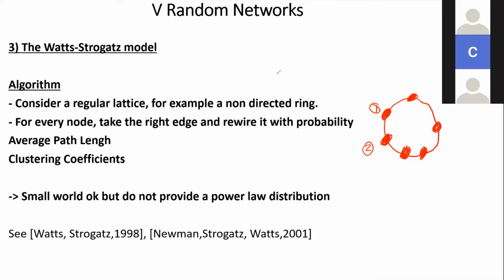So what I'm going to do, I will rewire this node with a probability p. And then, at random, I put this node like that.